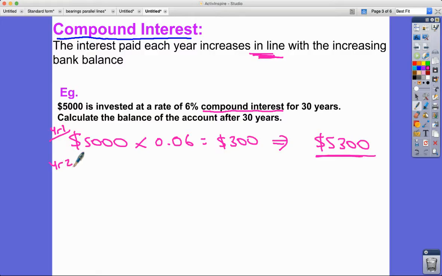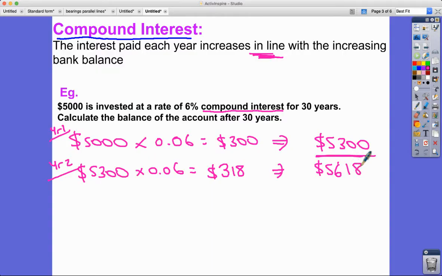Year two, I now have $5,300, and I'm finding 6% of this. What's that value? That would actually be 318. So we got slightly more interest that year. My balance now is 5618.